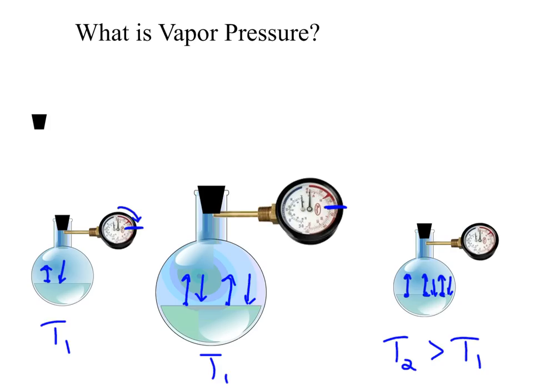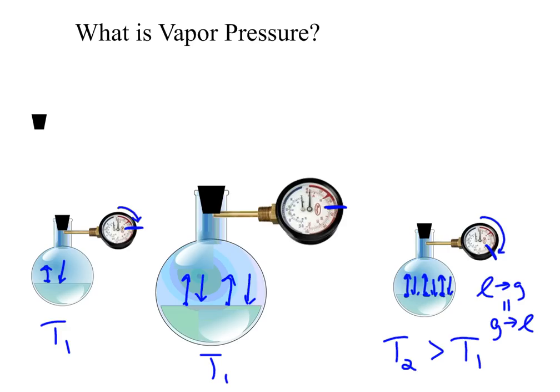But when we get to that point where the number of particles going from liquid to gas is equal to the number going from gas to liquid, right? We get to that vapor pressure equilibrium. We're going to find that the pressure has gone up. So at the higher temperature, the vapor pressure of the liquid has increased.